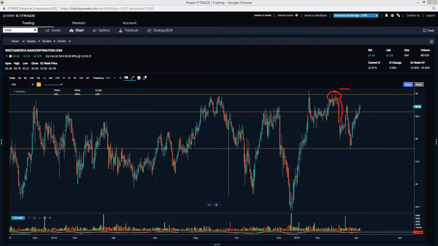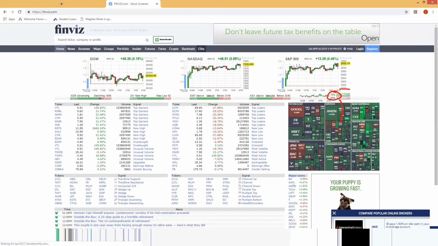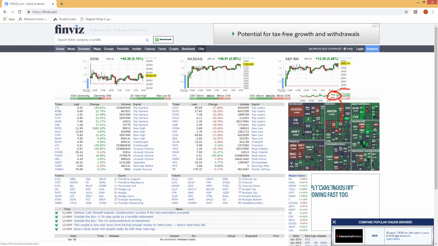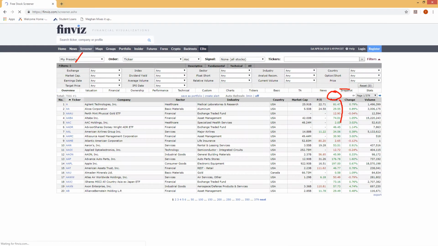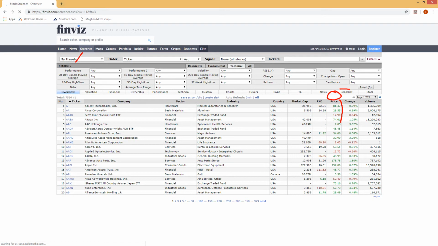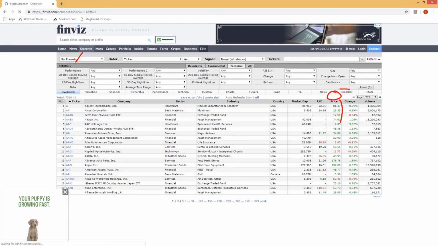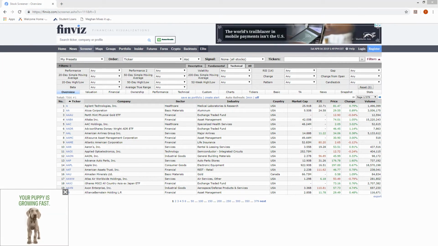Now, you may be asking, how do we get these swing trade opportunities? Where do we go? What I do typically on a weekly basis is go to finviz.com, and I go to the screeners section, which allows you to go into the technical aspect, right here, technical.